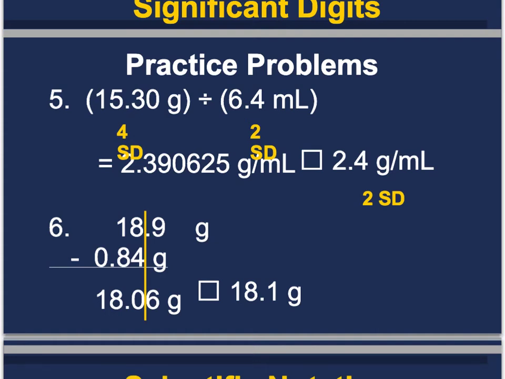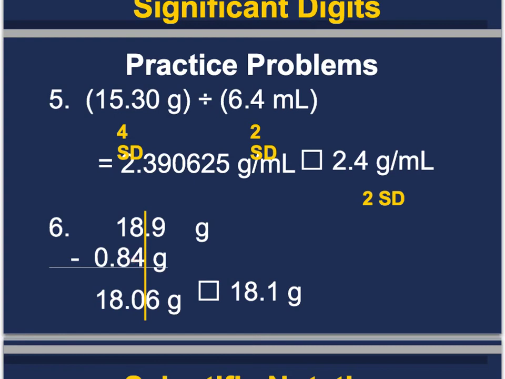Let's look at example number 6 here. You can see we've got 18.9, 5. Sorry, I was distracted. My Mac is messing up how this is looking again. But the idea here is, we have a significant figure in the tens place.